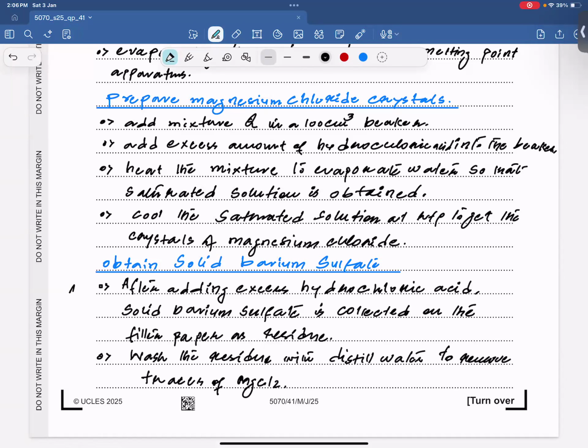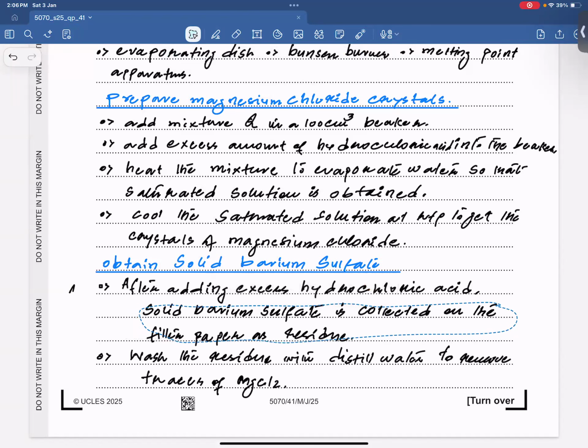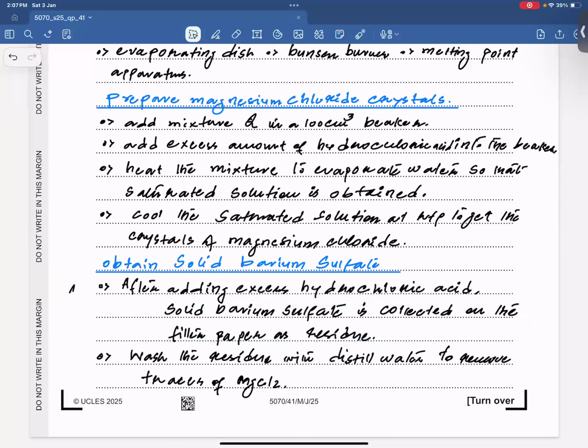We can write one more line because I didn't mention any filtration technique here. After adding excess hydrochloric acid, filter the mixture. Now it makes more sense.